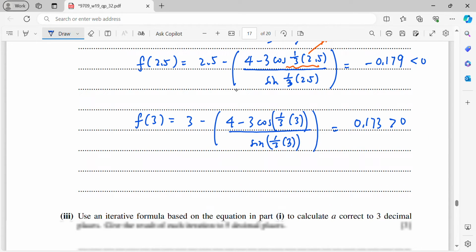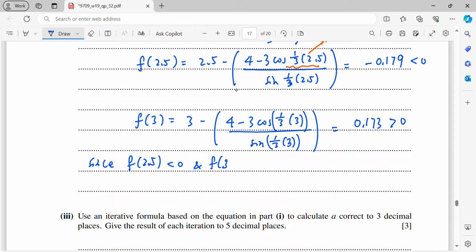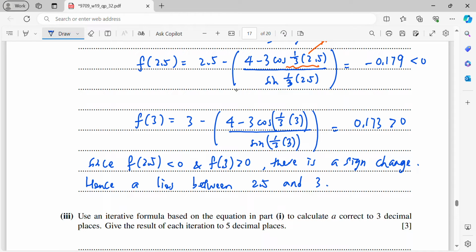So according to the sign change rule, since f(2.5) is less than 0 and f(3) is greater than 0, there is a sign change. Hence, a lies between 2.5 and 3. Okay, that is the sign change rule.